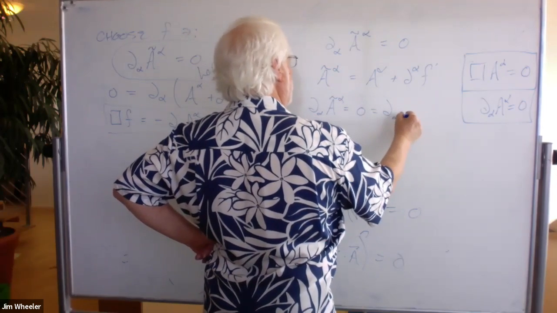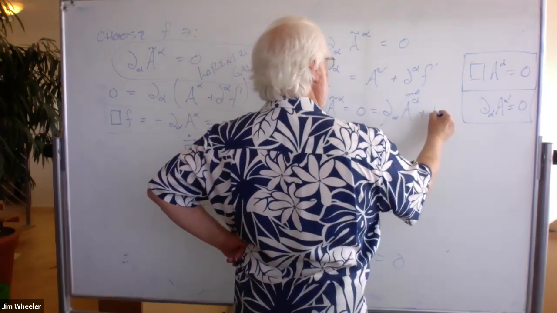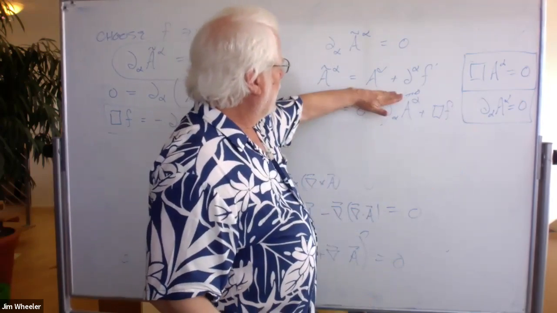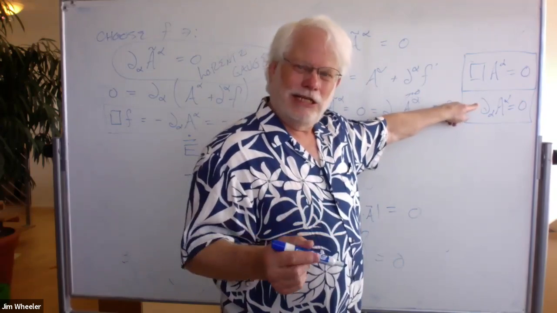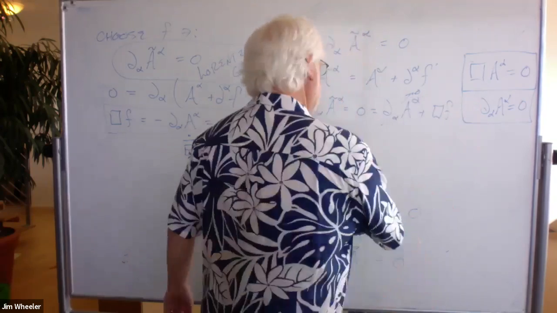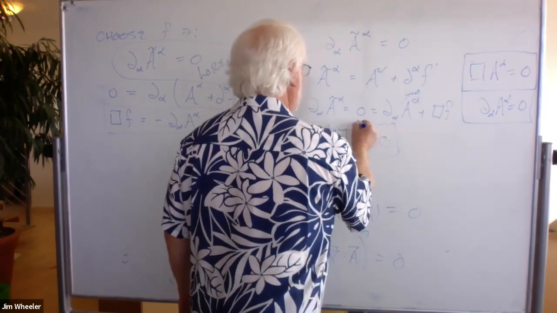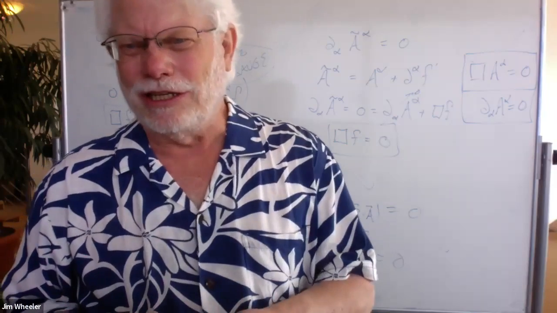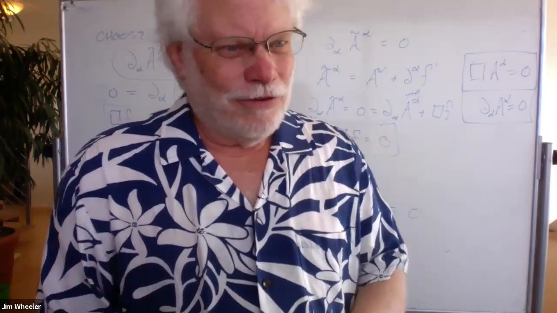We already satisfy it here. This is already 0, and what's left is box F. So I can go to a new gauge from a Lorentz gauge. I can further restrict the gauge if I restrict my gauge function to be a harmonic function, a solution to the simple wave equation.